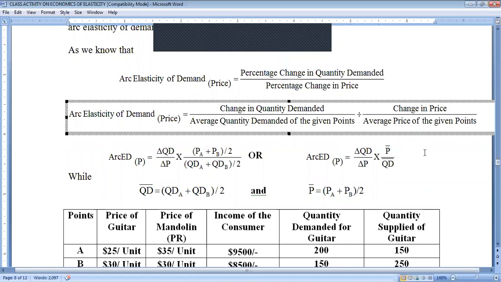Okay, so change in quantity demanded divided by average quantity demanded of given points divided by percentage change in price can be written as change in price divided by average price of the given points.